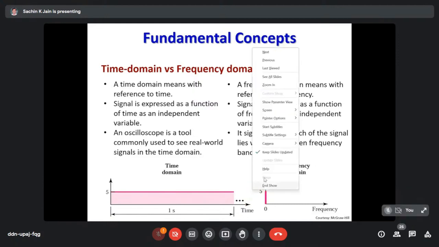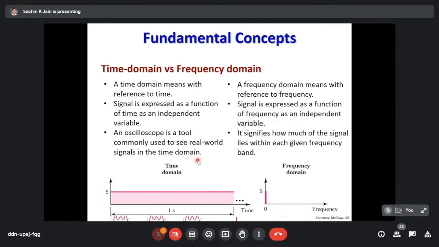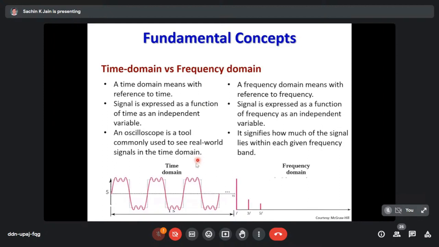In the other case, the time domain signal may have multiple frequencies, but when we represent it in frequency domain, it is characterized that it has three frequency components: fundamental component, third harmonic component, and fifth harmonic component. And these are their amplitudes. If we combine these three signals in time domain, they will look something like this.